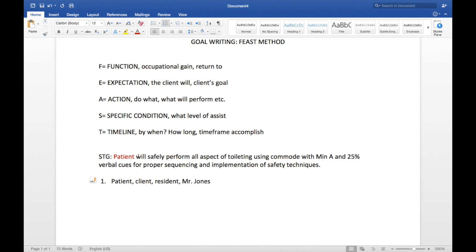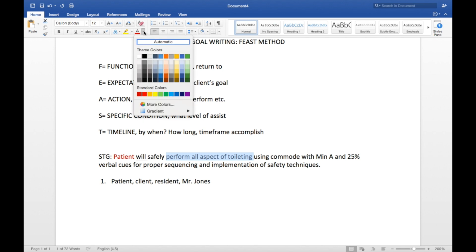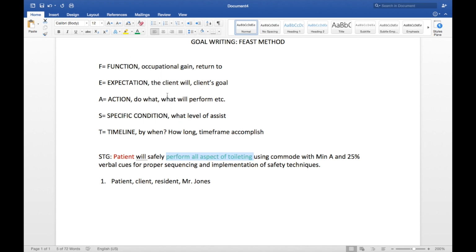I know in my facility we usually use patient or resident, not really Mr. Jones. So now the next thing we're going to look at is what we're going to perform. Okay, so this comes in line with our function and our expectation. The goal is to perform all aspects of toileting.